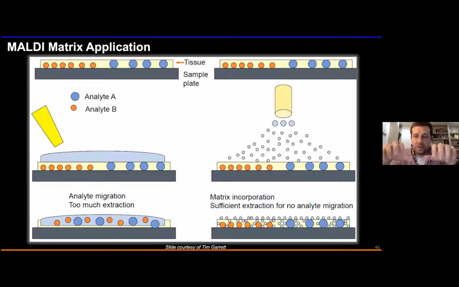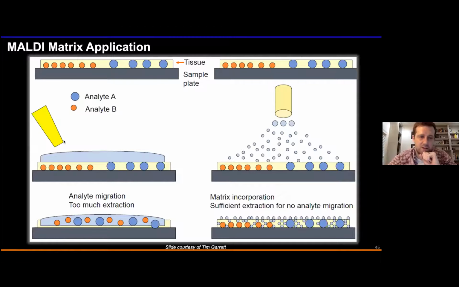Sometimes that extraction can occur via a very dry matrix application technique, and sometimes it needs to occur in a solvated environment to help facilitate extraction into the matrix layer. Now, if it's too wet, if that environment is too hydrated or there's too much solvent present, then we can get delocalization.